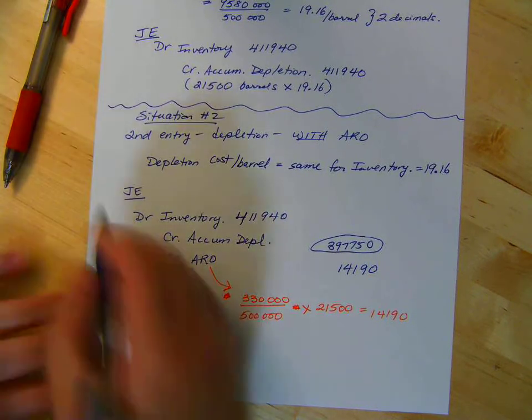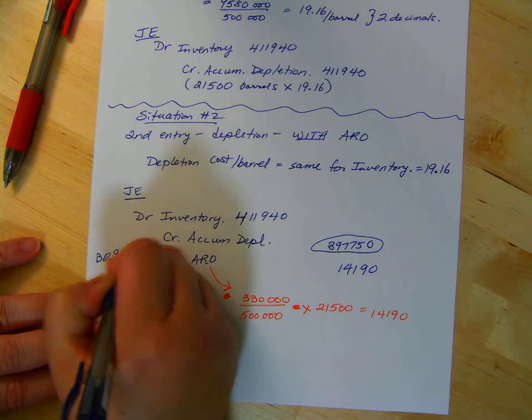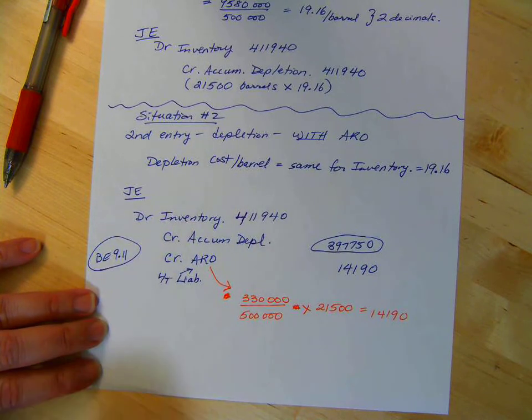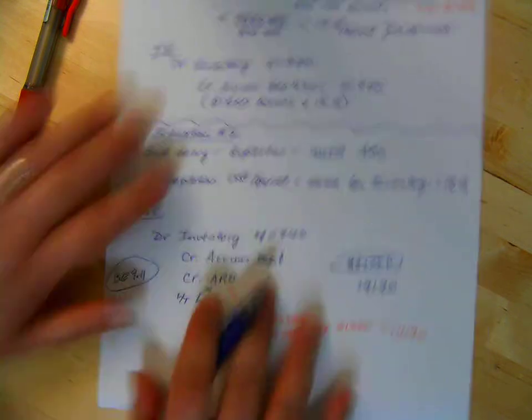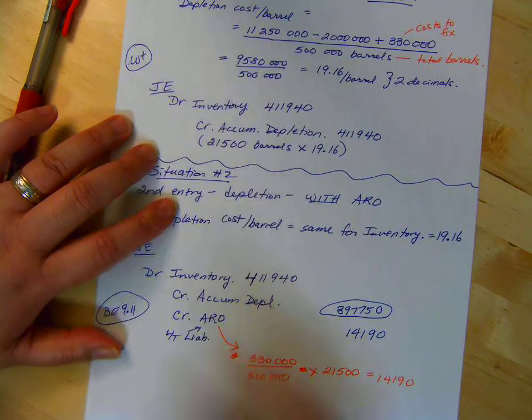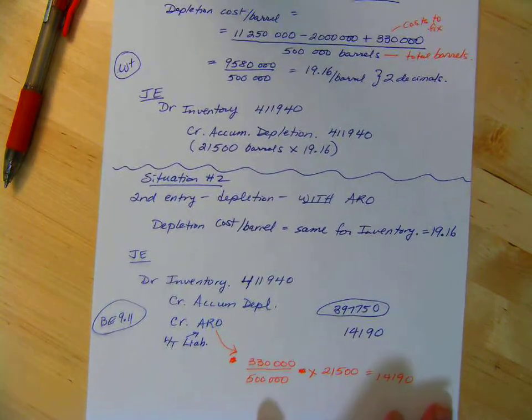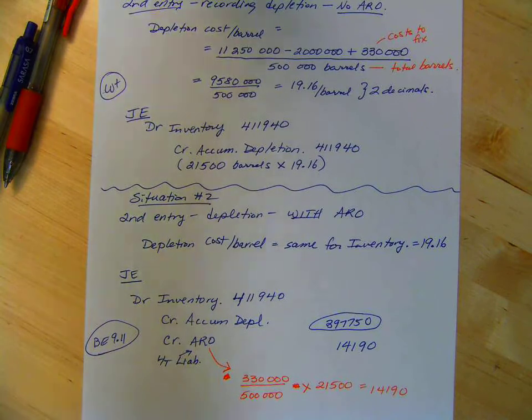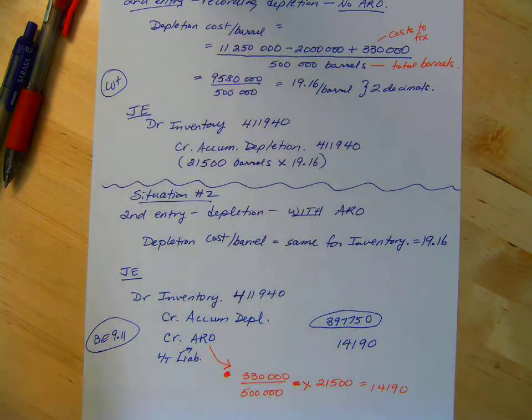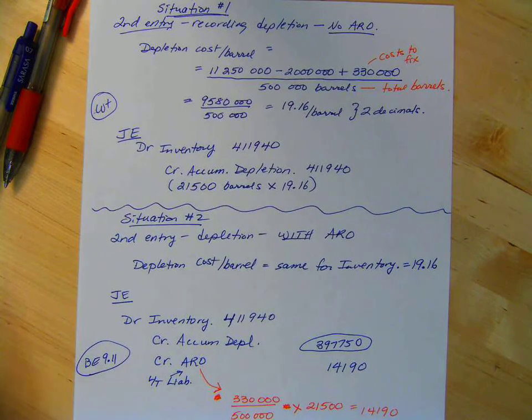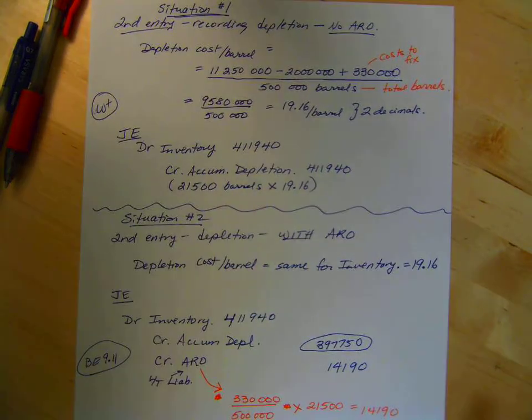Brief exercise 911 is this one. Okay. And Wiley Plus is the top one. Okay. Make sure you know how to do both though. Again, I will tell you, use ARO or don't use ARO. Okay. So that was the second entry. And this was the depletion. Yes, depletion, not depreciation. Depletion.